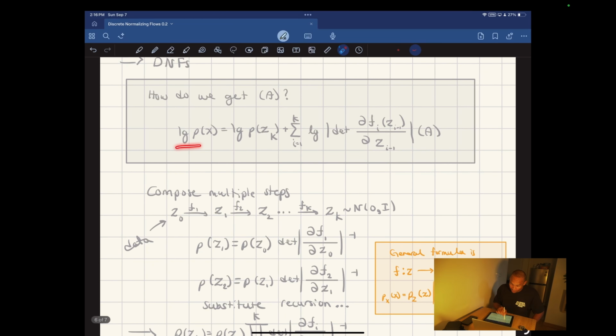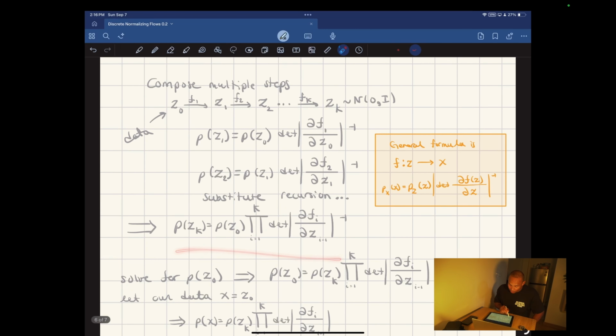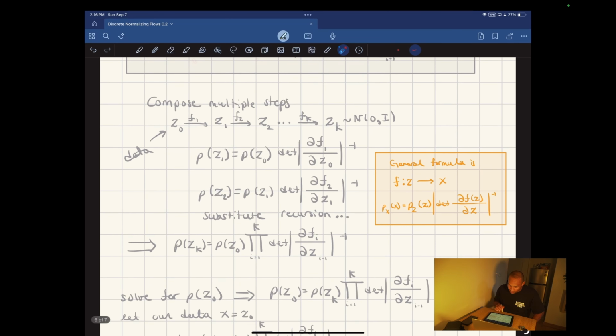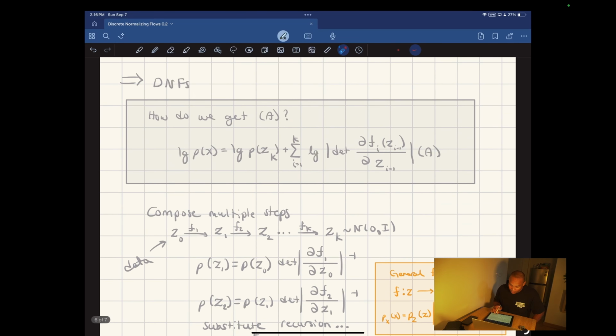Now, P of x is equal to P of z. So we can already see how it looks. We just bring a log through, right? And it starts to look like this. But we have P of x and P of z on different sides. Remember, P of x is P of z naught.